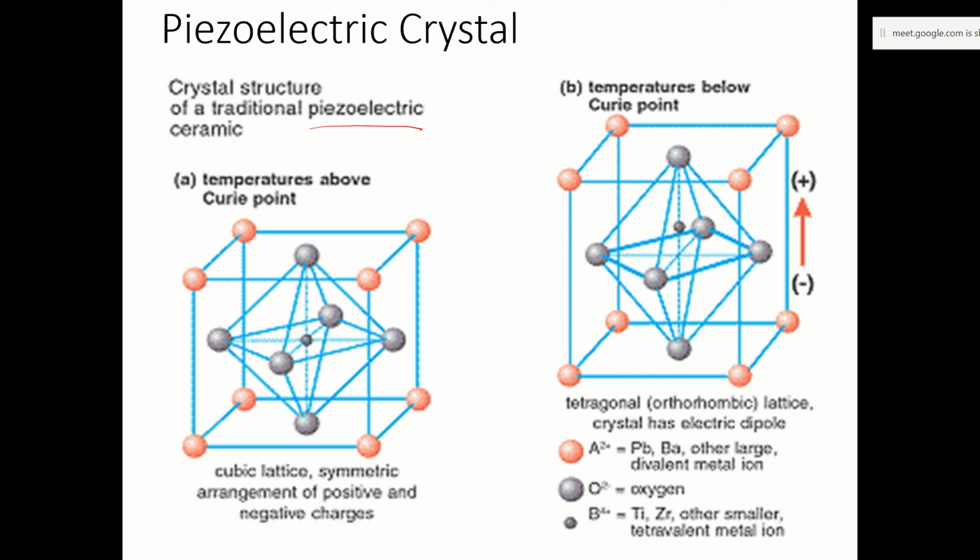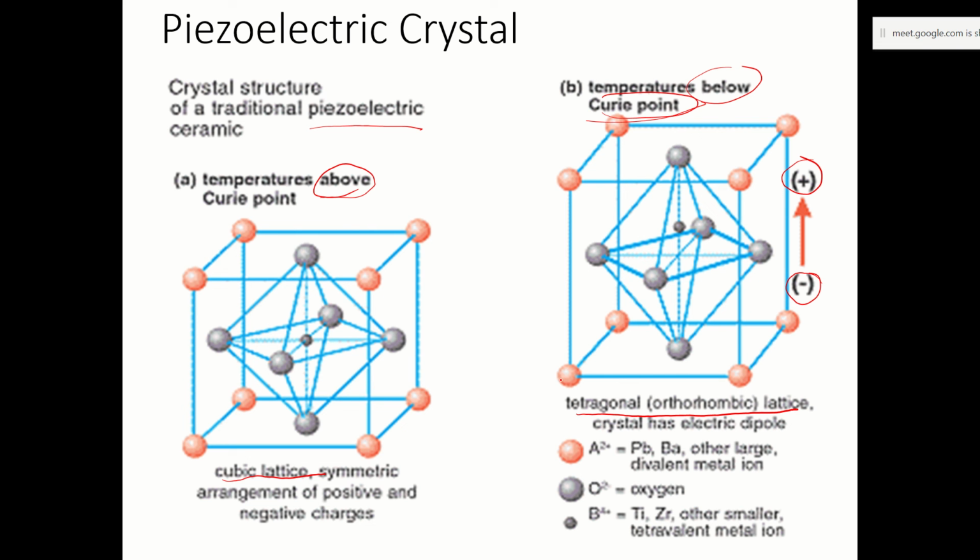Traditional piezoelectric ceramic has a cubic lattice. This is the situation above the Curie point, and the second picture is below the Curie point. Below the Curie point, when you compress or stretch, there is the possibility of accumulation of charges being developed because of this structure, a tetragonal lattice with electric dipole.